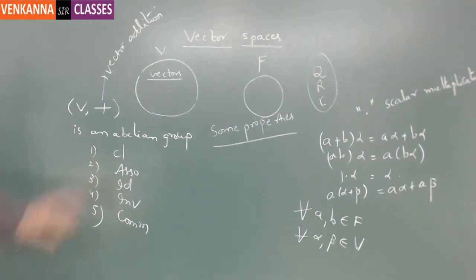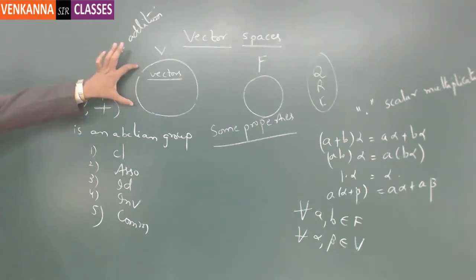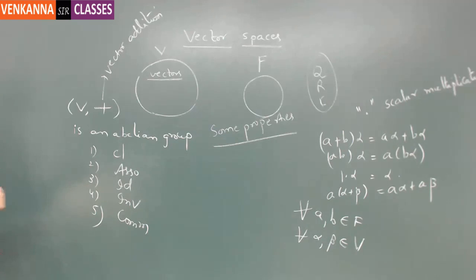Usually the vectors in V are denoted with the symbols alpha, beta, and generally we denote the numbers with A, B, C, etc. You can denote with A1, A2, A3 also. So A, B symbols are generally used for numbers. Alpha, beta are generally used for vectors. If I say alpha, beta belongs to V, it means alpha, comma, beta are vectors.